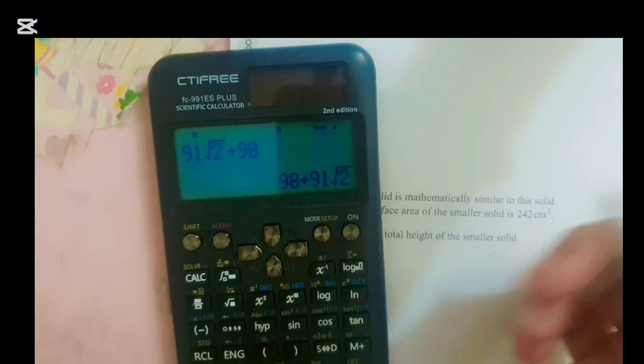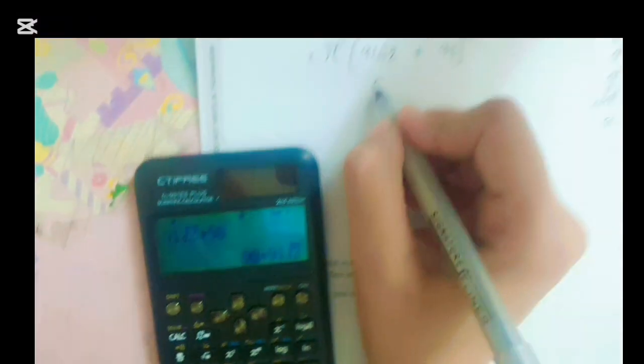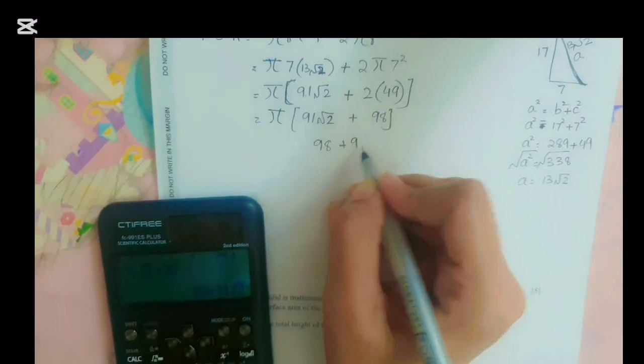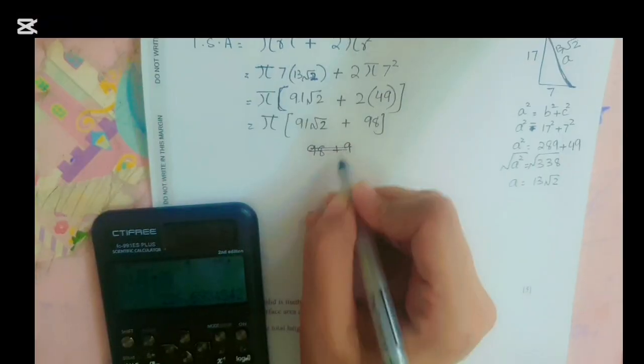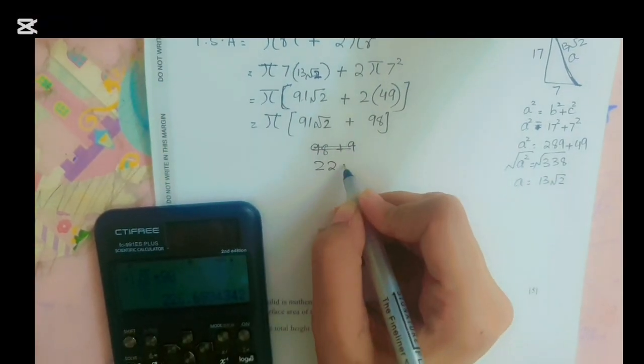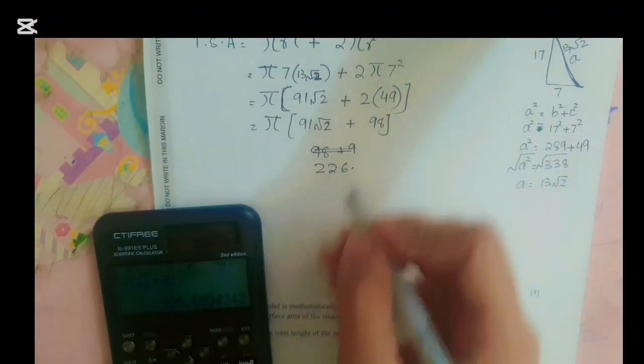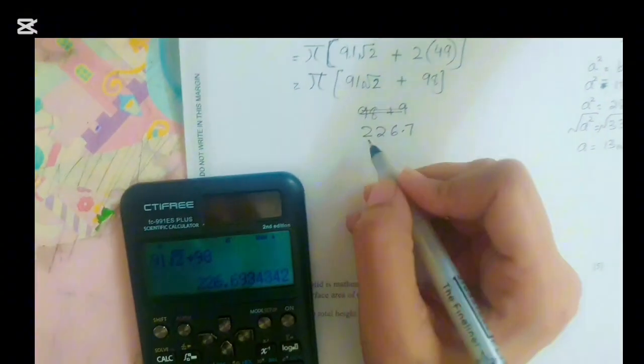Okay, 91 root 2 plus 98, that is equal to 226.69.